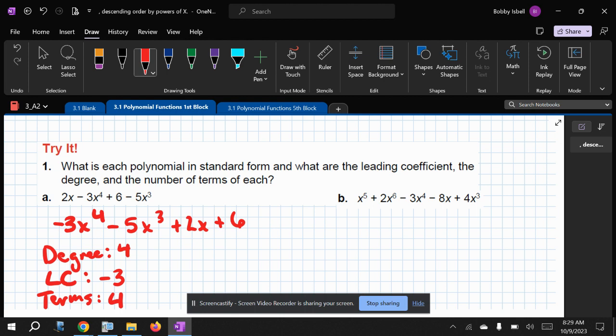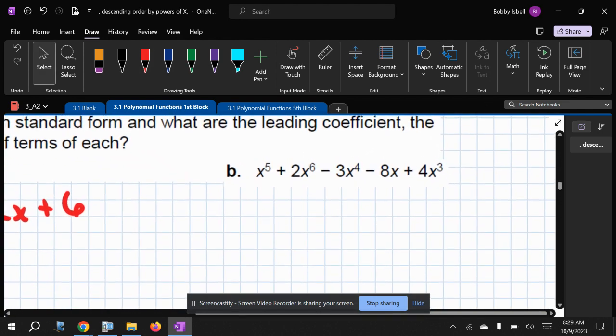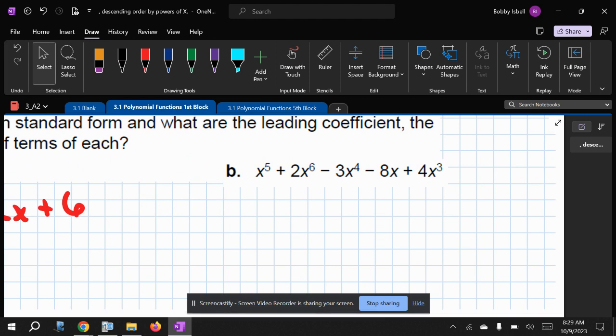If it's even degree and a negative leading coefficient, it's going to open down. So we know the ends will both go toward negative infinity. That's what we're going to pick up from that. Okay. See if you can do B part. Get it in standard form. Get the degree and the leading coefficient and the number of terms.